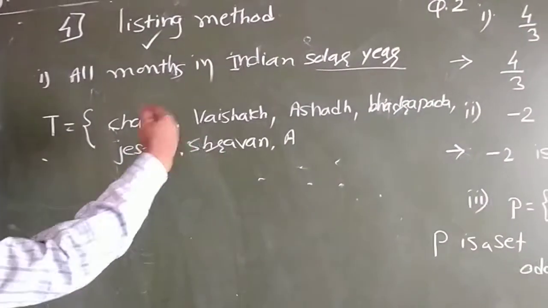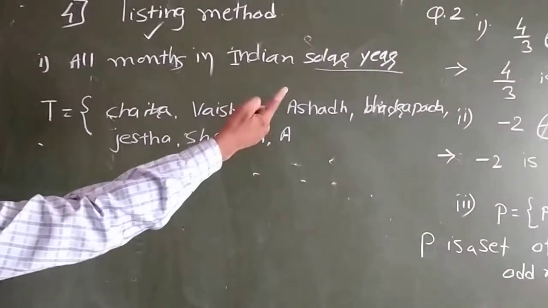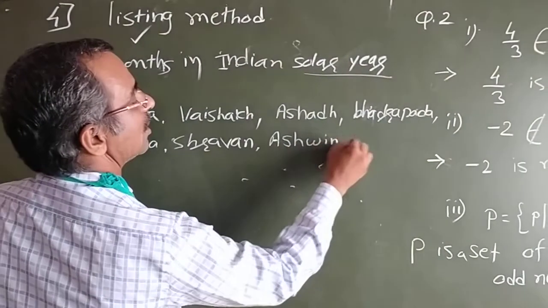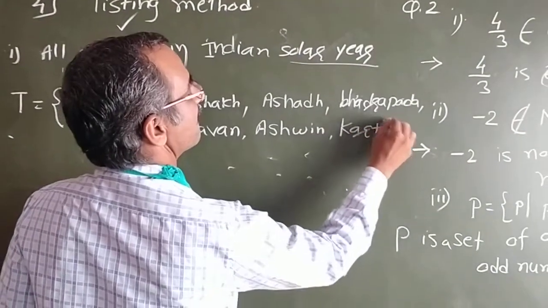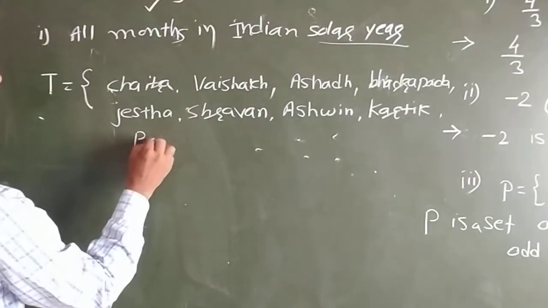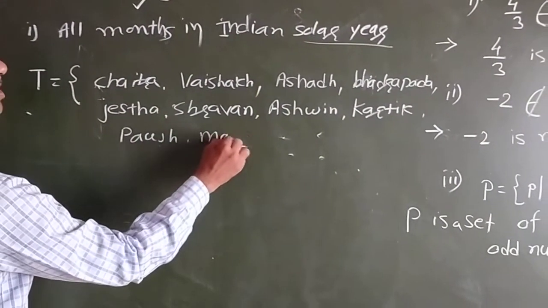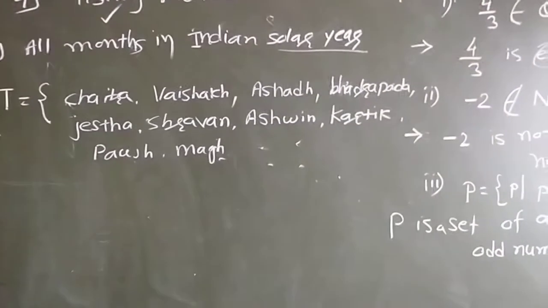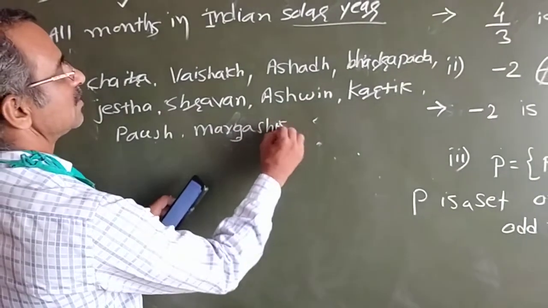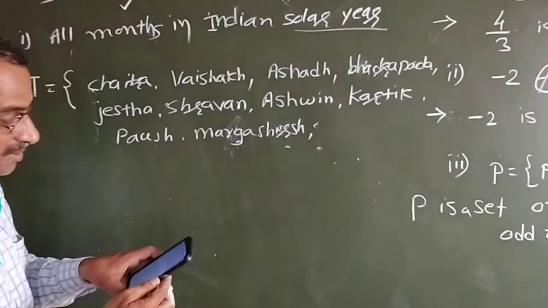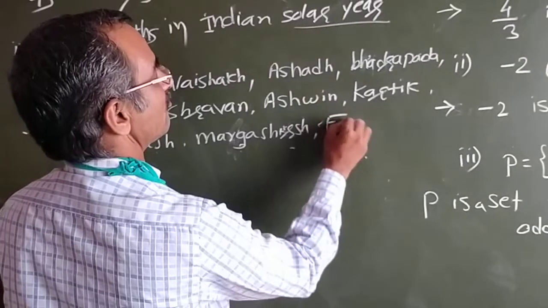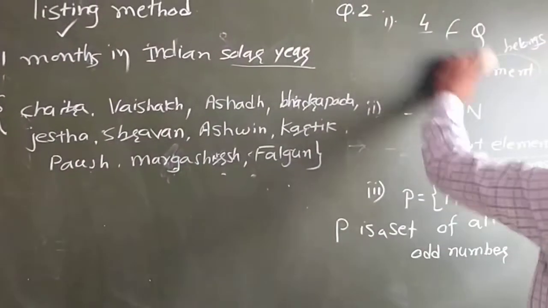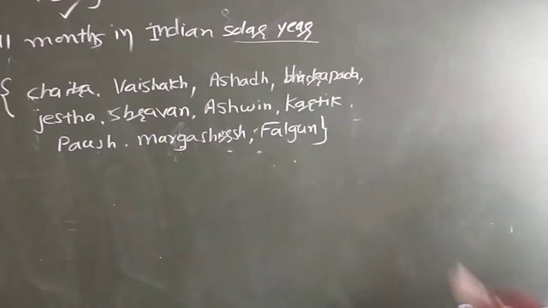Chaitra, Vaishakh, Jyeshtha, Ashad, Shravan, Bhadrapad, Ashwin, Kartik, Paush, Magh, Margashirsha, the months of a solar year.